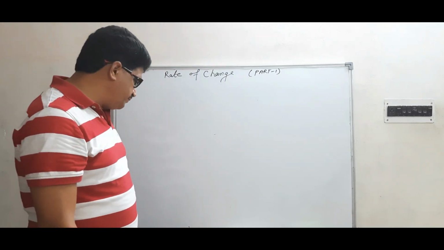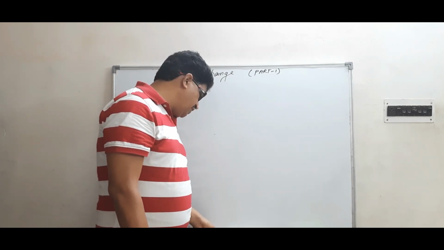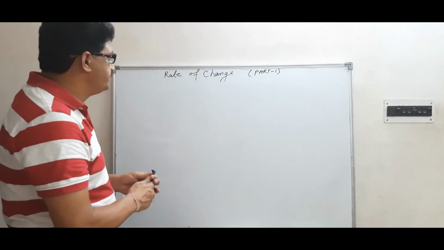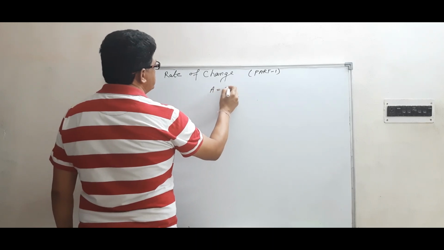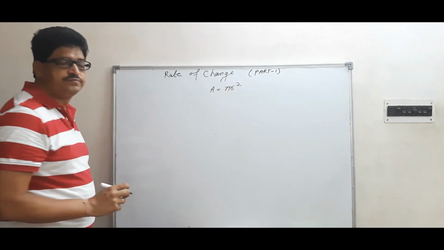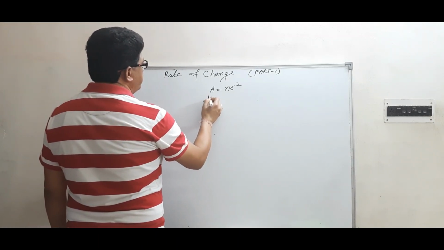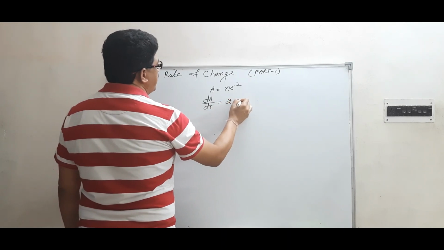Question number 1. Find the rate of change of area of circle with respect to radius r when r is 3. So here area of circle is pi r square. dA upon dr is 2 pi r.